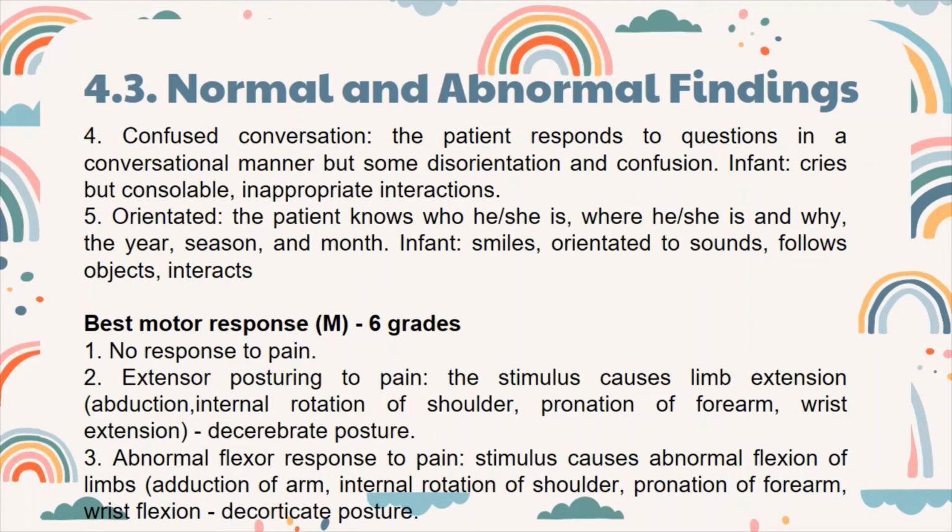For best motor response, we have 6 grades. For grade 1, no response to pain. For grade 2, extensor posturing to pain, or decerebrate posture. For grade 3, abnormal flexor response to pain, where stimulus causes abnormal flexion of the limbs, or decorticate posture.